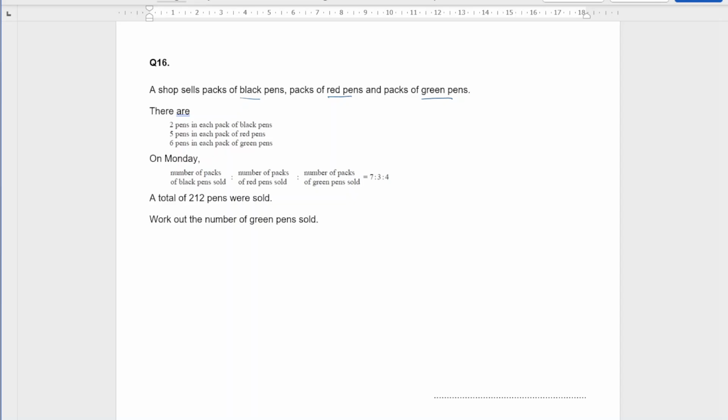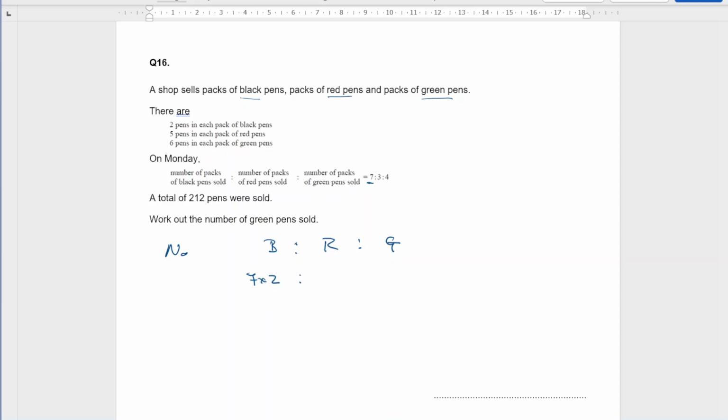Okay, so we're talking about packets. If we look at the number of pens, we'll follow the same ratio, black to red to green. So if there were 7 packs of black pens and there are 2 pens in each packet of black pen, that's 7 times 2.